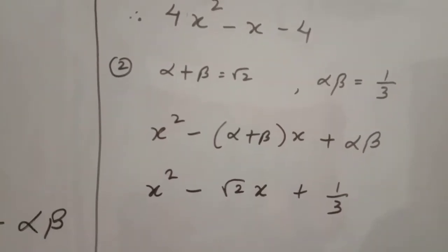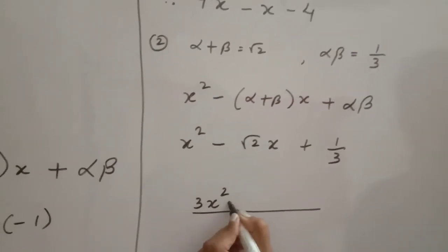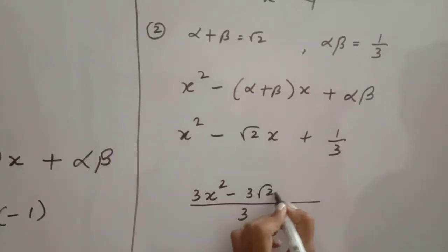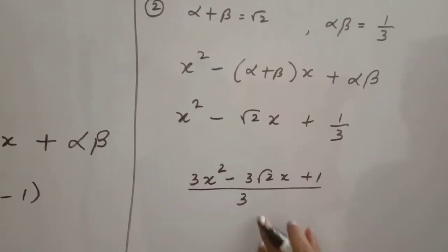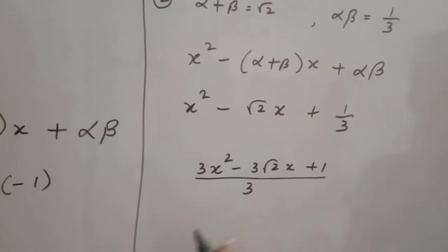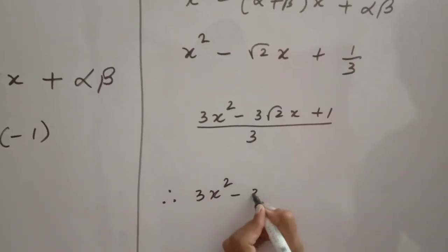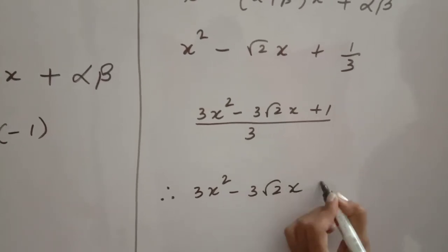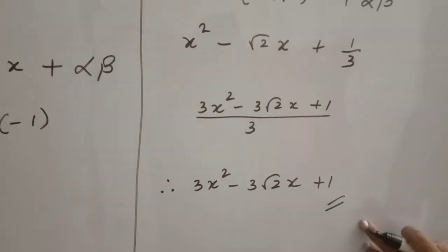Okay, I will take the LCM 3. 3x square minus 3 root 2 x plus 1. Now here 3 is in the denominator. Okay, so 3x square minus 3 root 2 x plus 1 is my required polynomial.